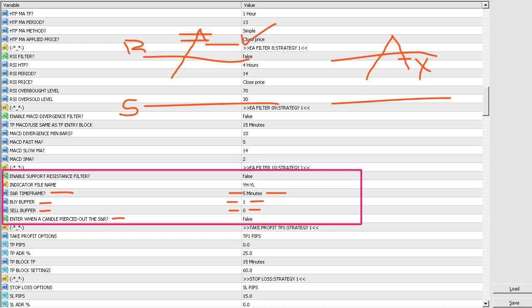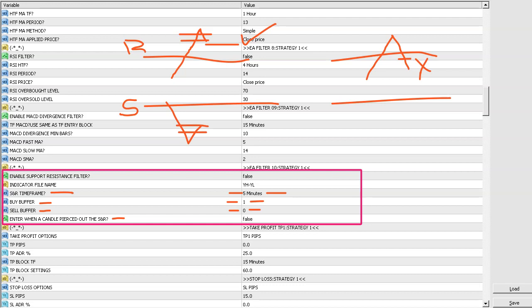I hope you understand. So pretty much the entry needs to be outside. If this is false, my entry needs to happen outside of my resistance, and my entry needs to happen outside of my support. If that's not the case, then it's not going to enter.